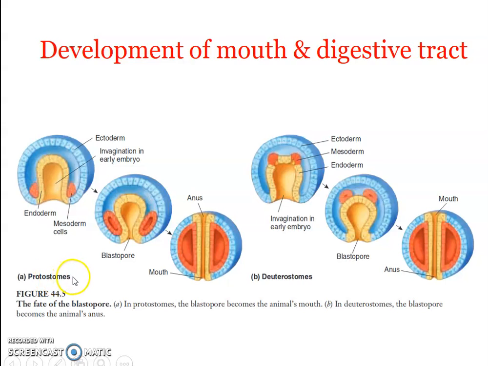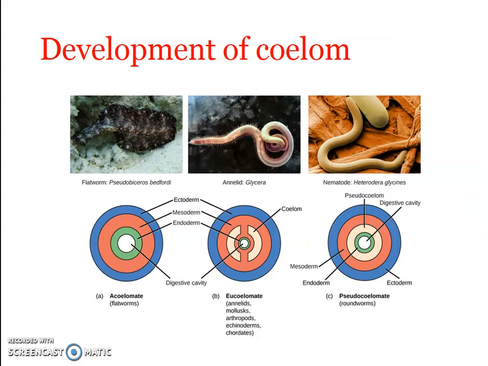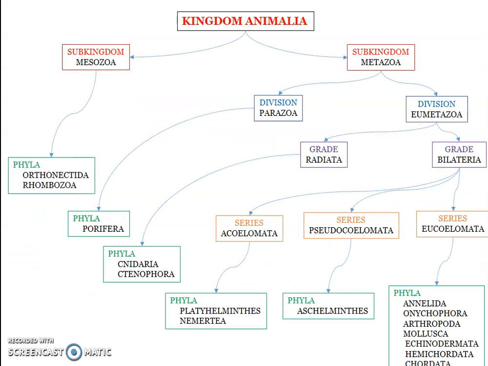Protostome includes all the acoelomates and pseudocoelomates. We already mentioned that the Bilateria is divided into these two groups, and also into three series: acoelomate, pseudocoelomate, and eucoelomate.